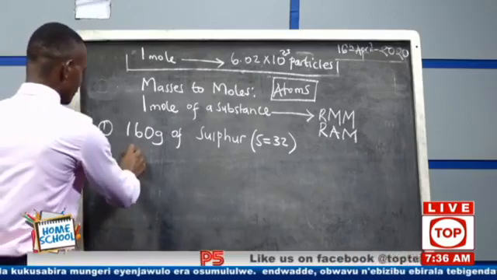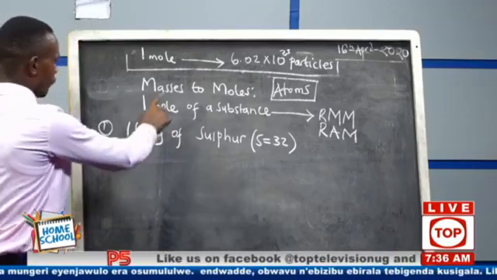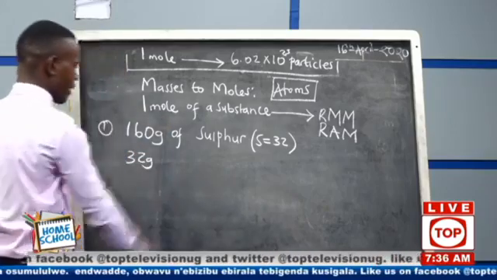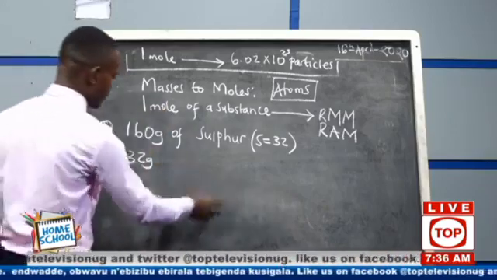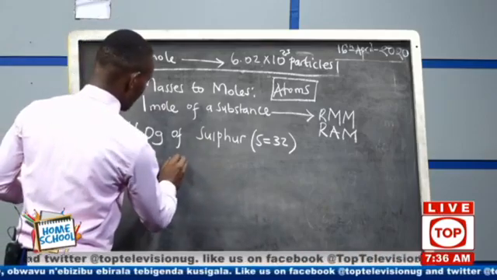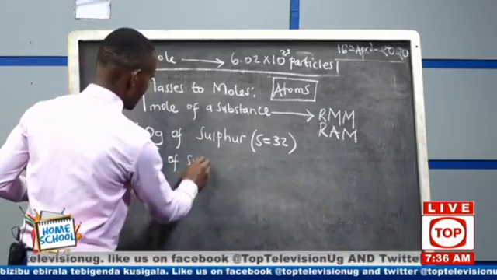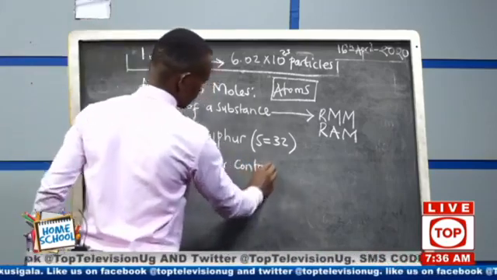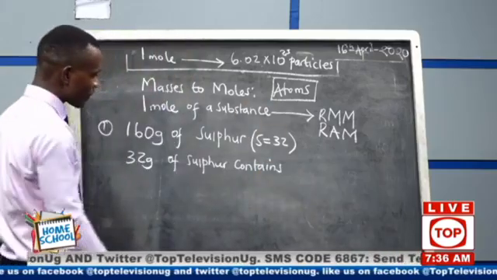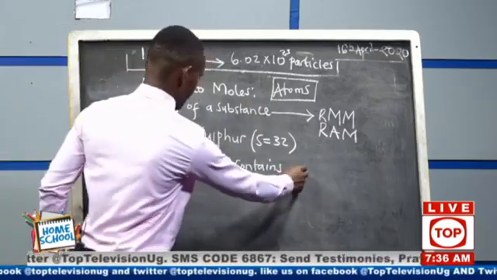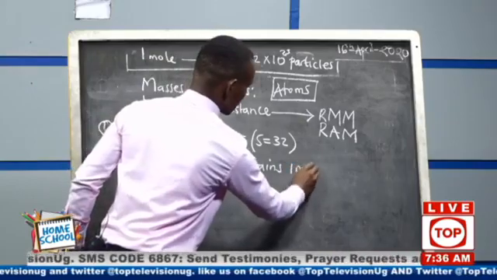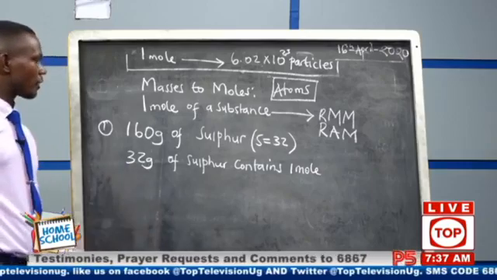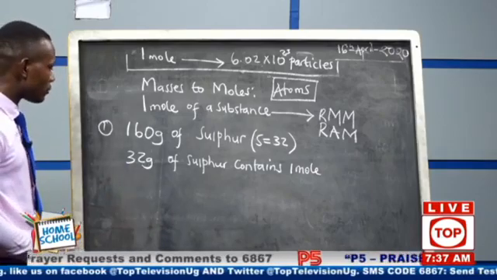So here we shall say that for sulfur it is 32 grams. You just put the relative atomic mass straight. 32 grams of sulfur contains 1 mole.